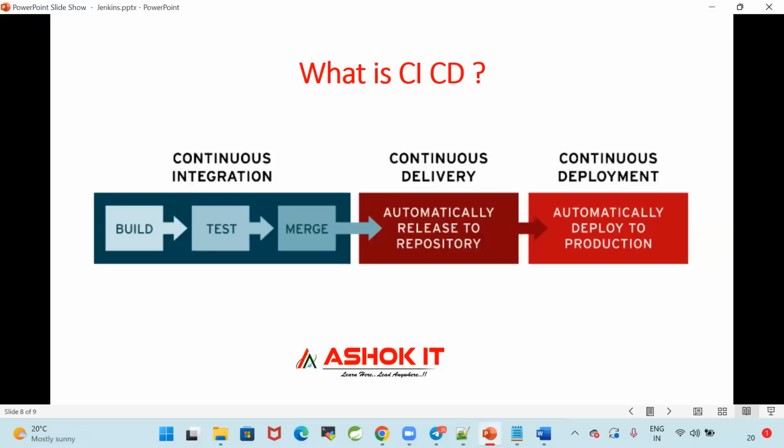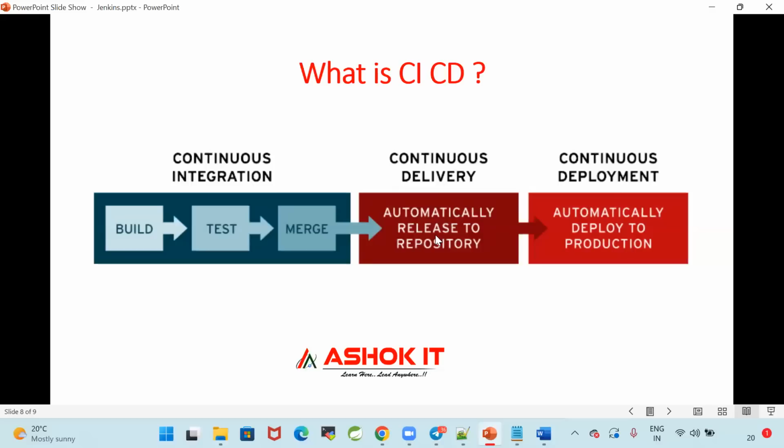Production means live environment; if you do some wrong deployment in production, the project will fail. So continuous deployment requires manual approval. If the client approves, then only we go for production deployment. Otherwise, we don't. Continuous delivery means making the project ready to deploy in production.